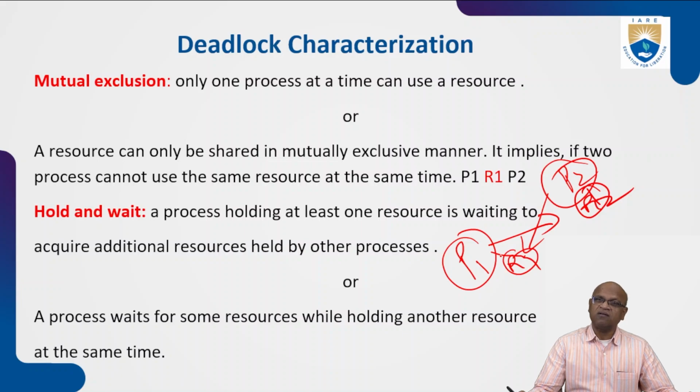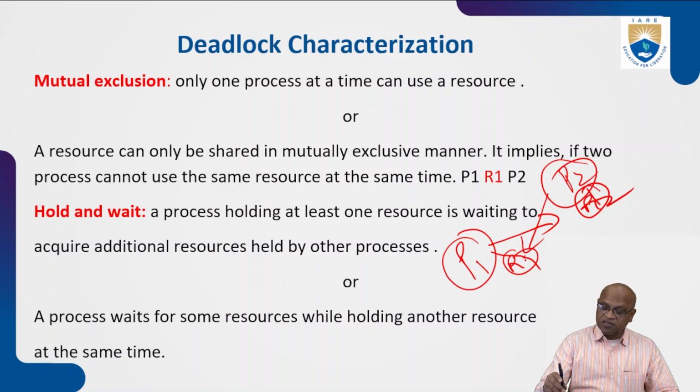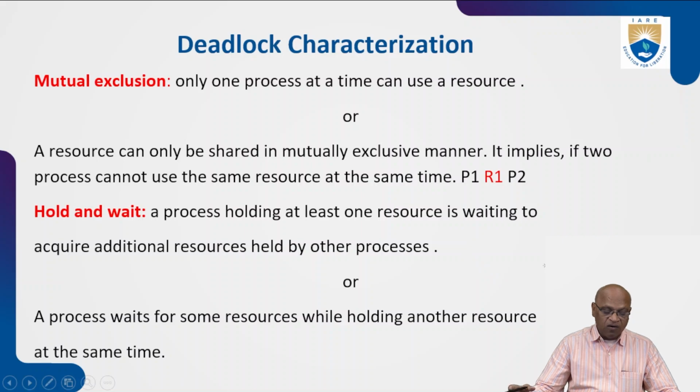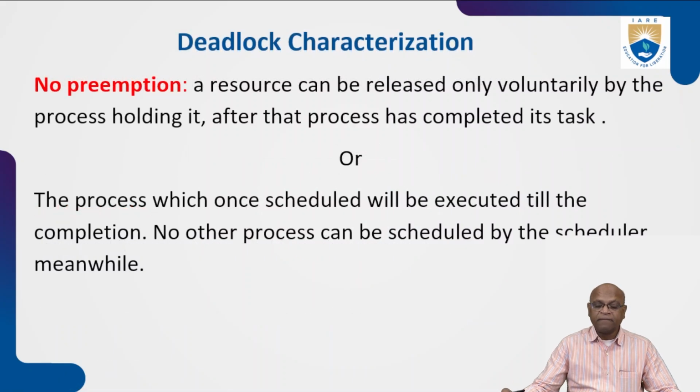So each process is holding one resource and requesting another. A process waits for some resource while holding another resource at the same time. This is called hold and wait, and this condition also leads to deadlock.